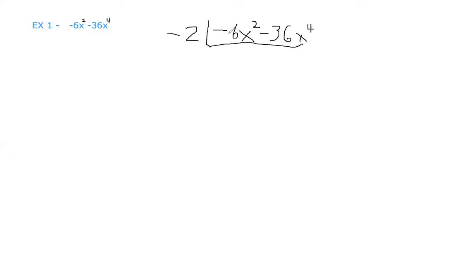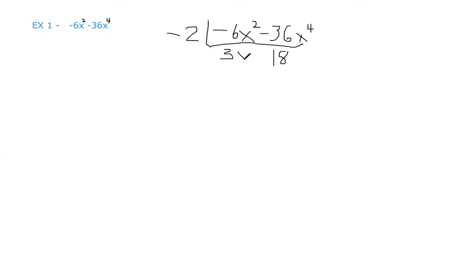Good, everybody. So what do I do next? I write what's left over after you divide each term. So negative 6 divided by negative 2, everybody, what do we get? 3, good. Negative 36 divided by negative 2, everybody? Positive 18, good.